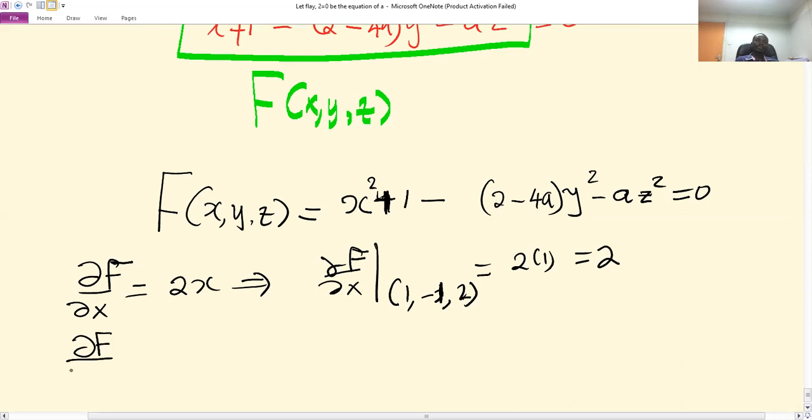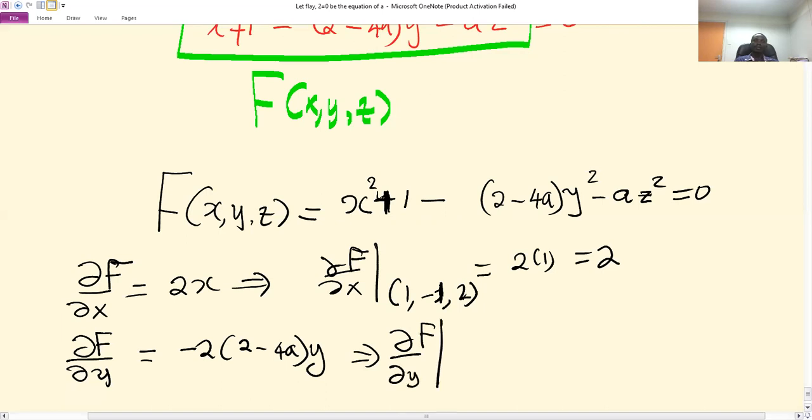Partial capital F, partial y is minus 2 times 2 minus 4a y, which means partial capital F, partial y at 1, minus 1, 2 is minus 2 into 2 minus 4a times minus 1.